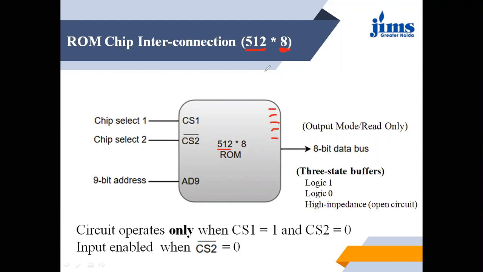We can take 128 also. It's not necessary that we have to take 512. But I took 512 because you will come to know how we can change the address lines based on the size of the memory.